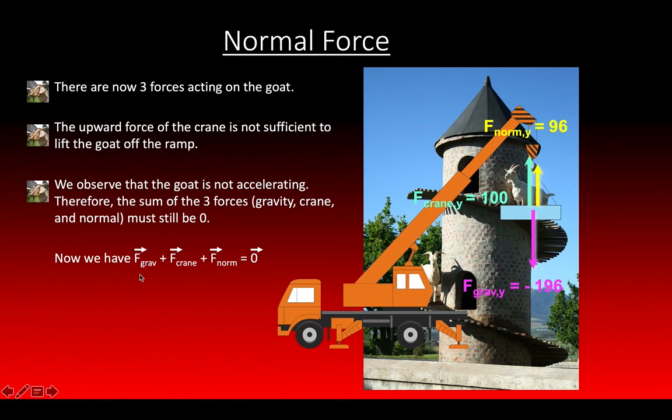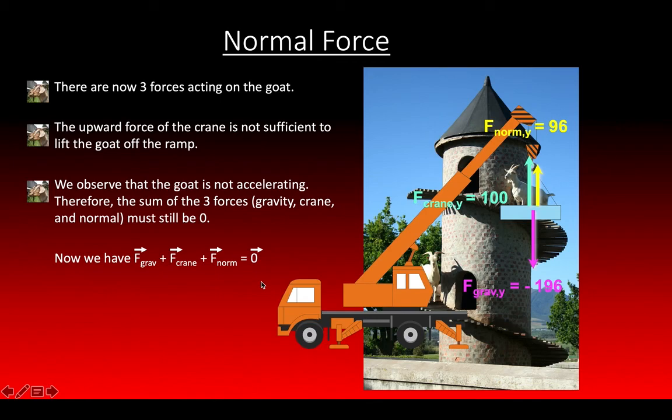So now I could say the downward pull of gravity plus the upward pull of the crane plus this new normal force that we had just talked about must all add up to 0. So in this context, I kind of could think of the normal force as a force that cancels out the other forces acting on an object.